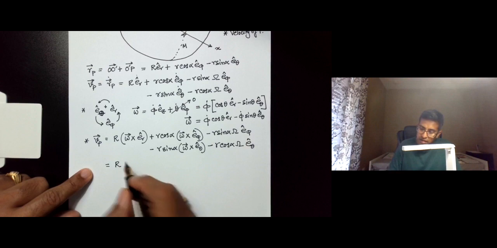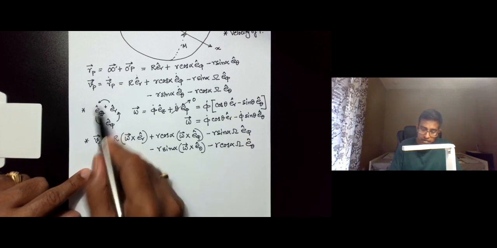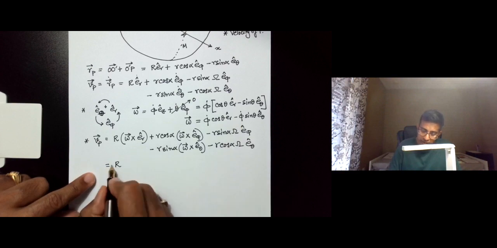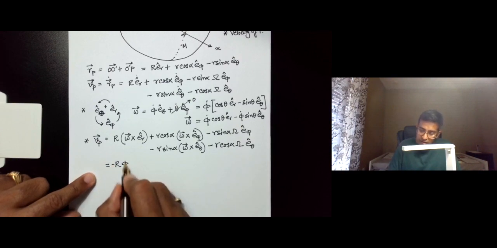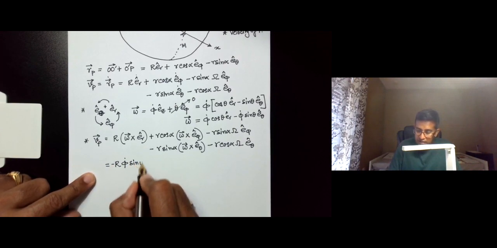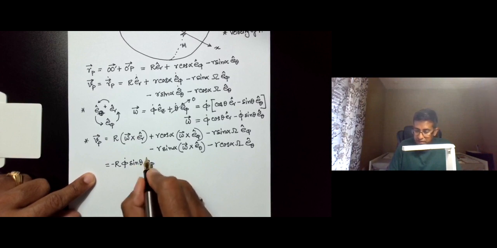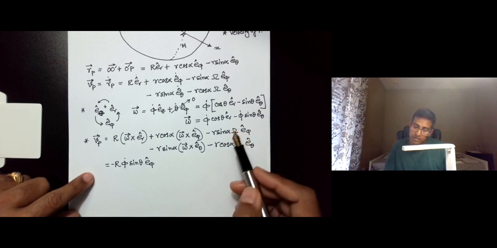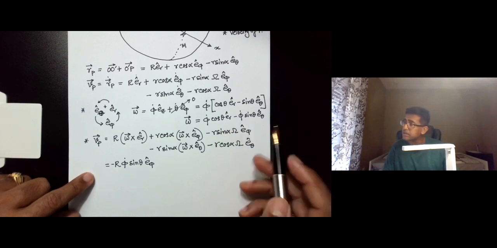ER cross E theta is going to give us E phi. So we are going to have minus R phi dot sine theta E phi. Let me just check this.